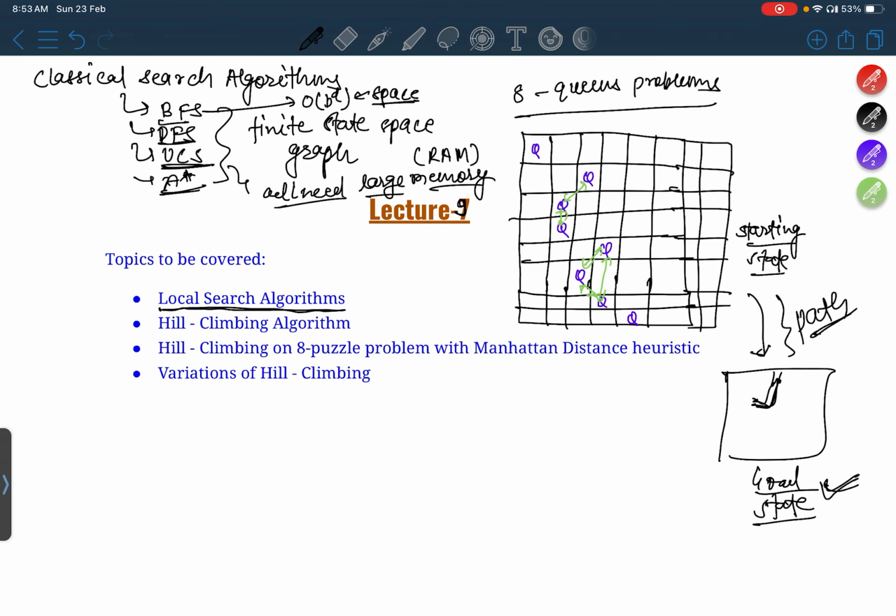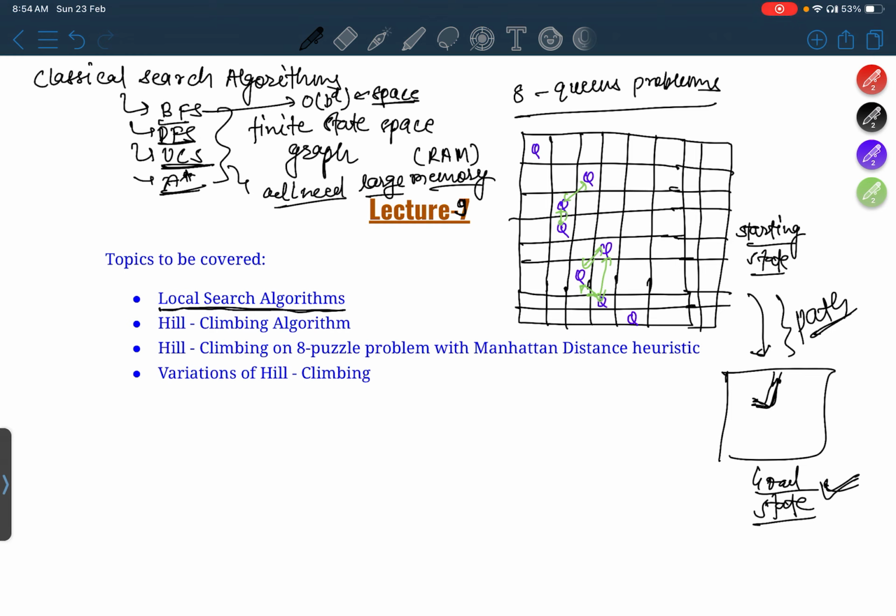And we talked about that in the BFS case, even taking b equal to 10 doesn't help much, because in just a few levels of the state space graph, it requires 1 TB or more than 1 TB of memory, which is not available in a local system.